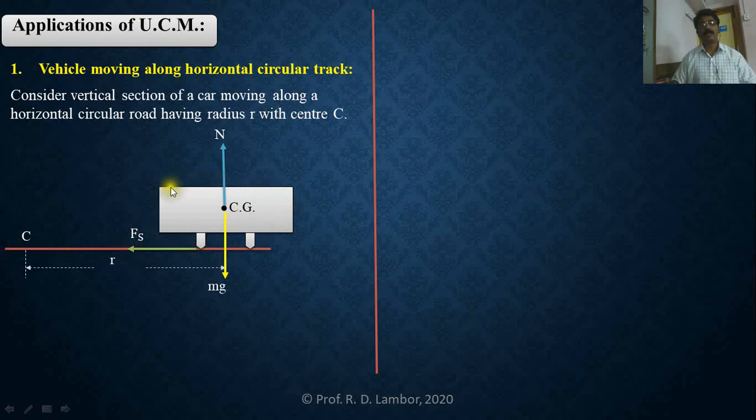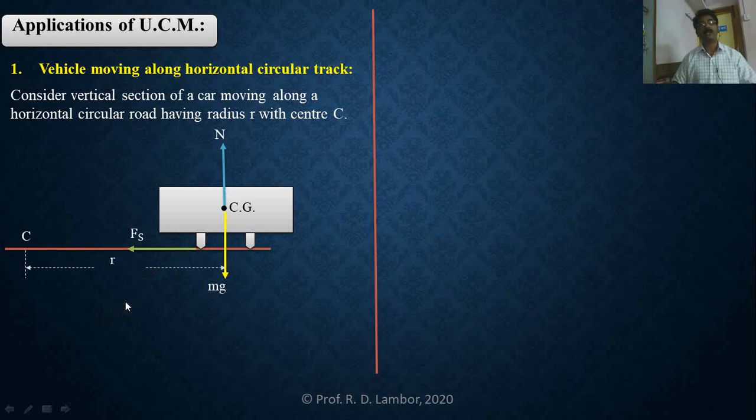This one is the vehicle whose center of gravity is located here. These two are the tires of that vehicle, and point C denotes the center of the circular track, and the vehicle is taking a turn towards the left on this circular track.